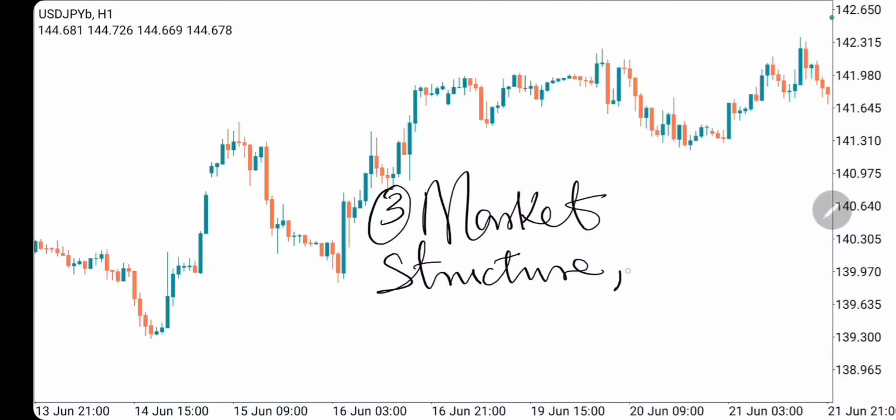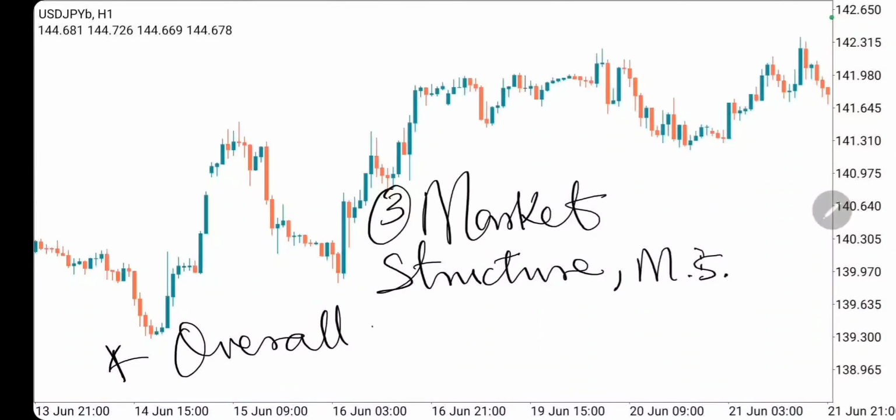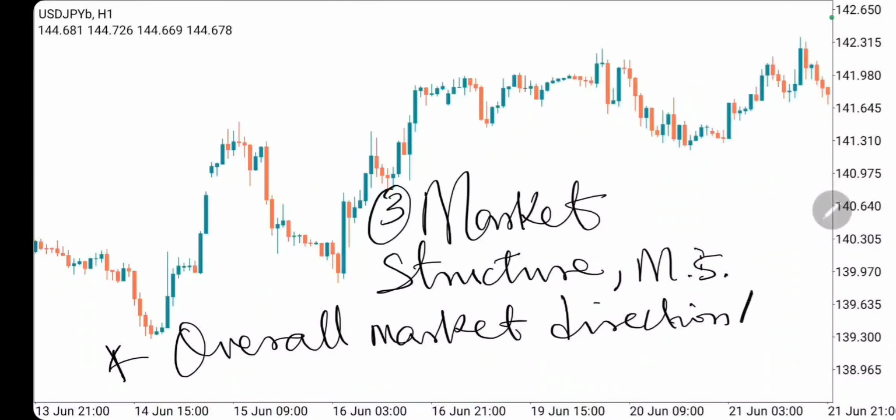Okay, the market structure, MS, the principle of market structure. So what is market structure? Market structure refers to the overall market direction or flow.